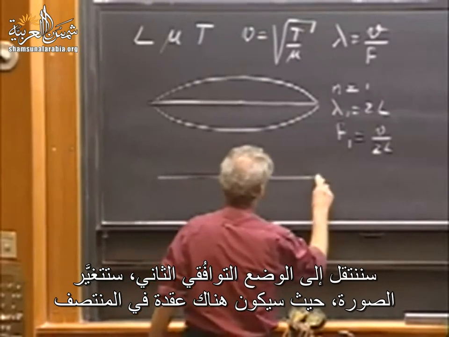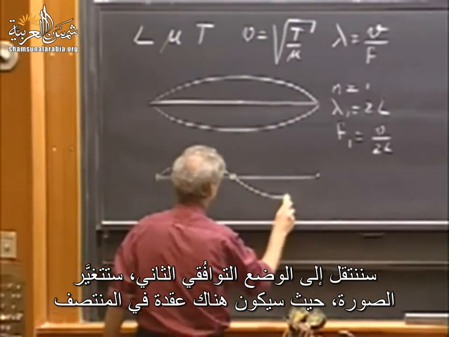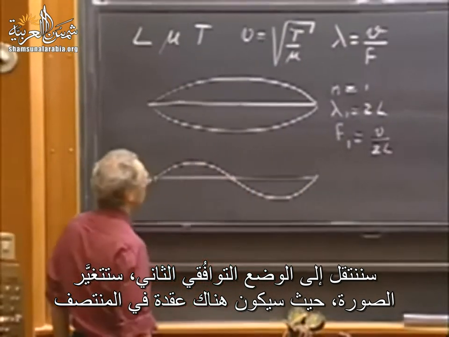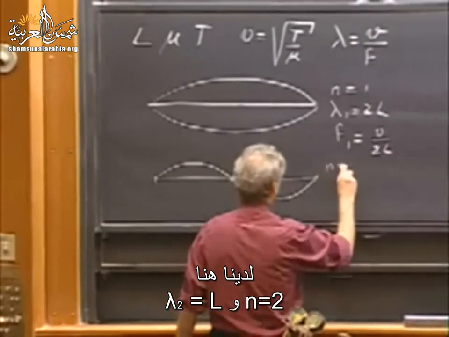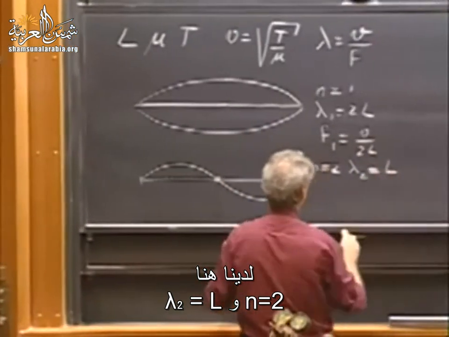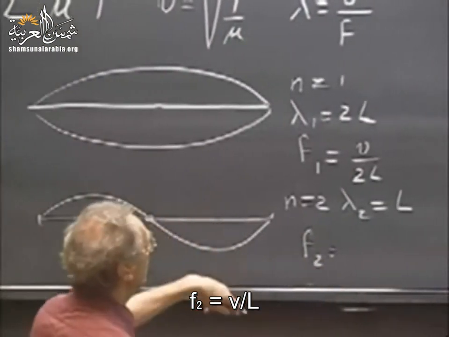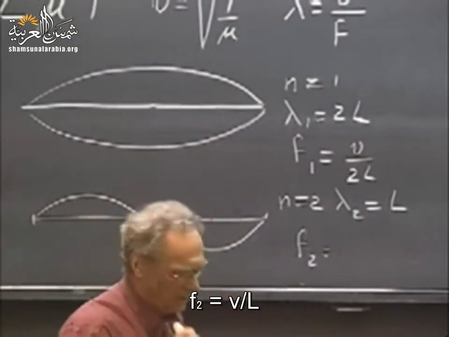If we go to the second harmonic, then the picture changes. We get a node in the middle. And so we have here n equals 2. So lambda 2 is now L. And so F2 is now again V divided by the wavelength.